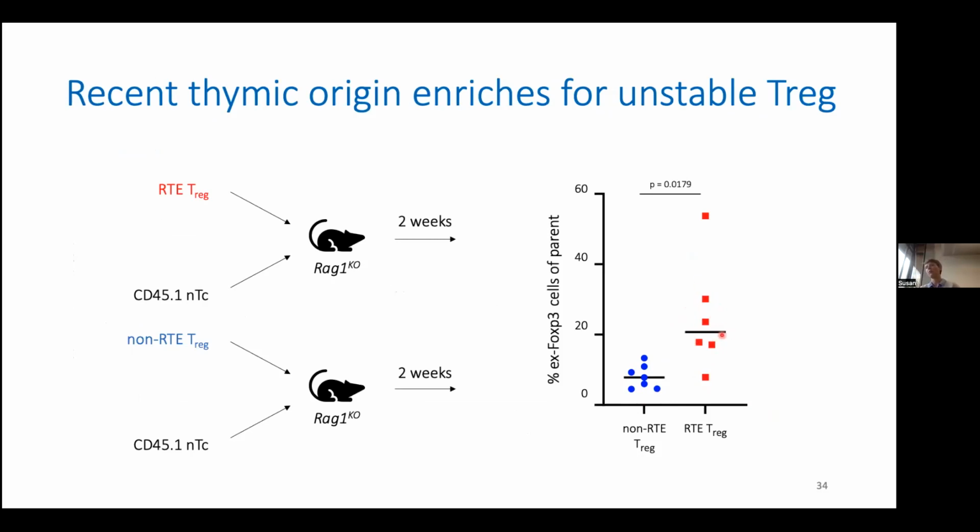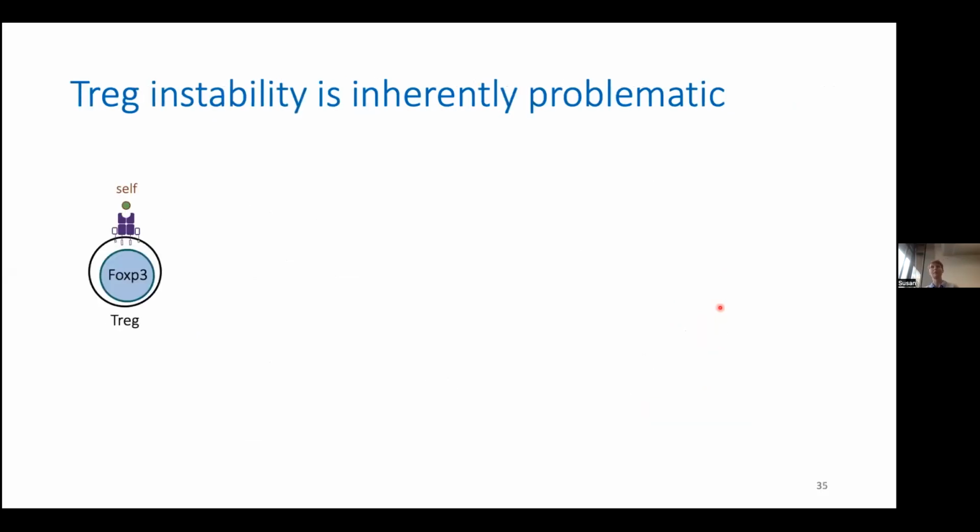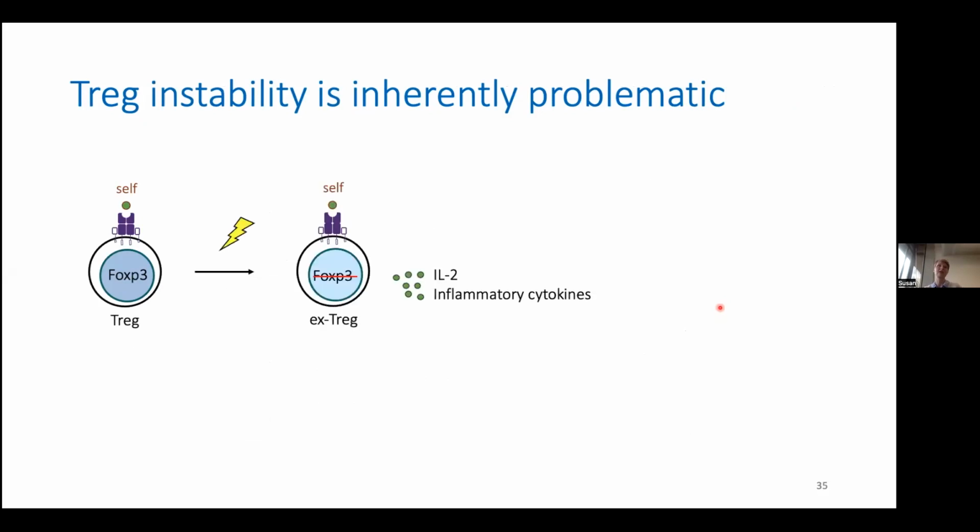Yet they are more stable than the peripherally derived Treg, of which sometimes half can give rise to X-Treg. So they have some stability issues still, besides being thymically derived Treg. Treg instability is inherently problematic, as I mentioned, since thymic Treg are enriched in self-reactive TCRs.